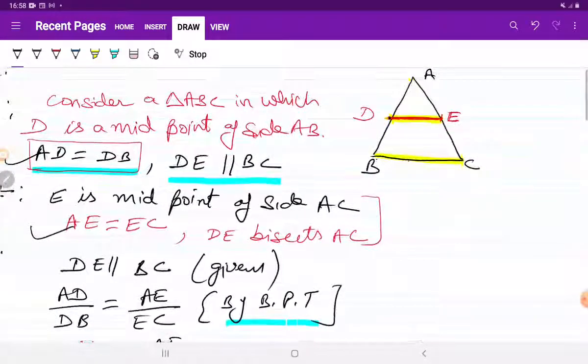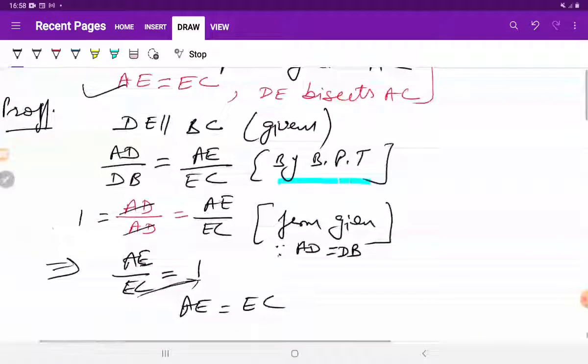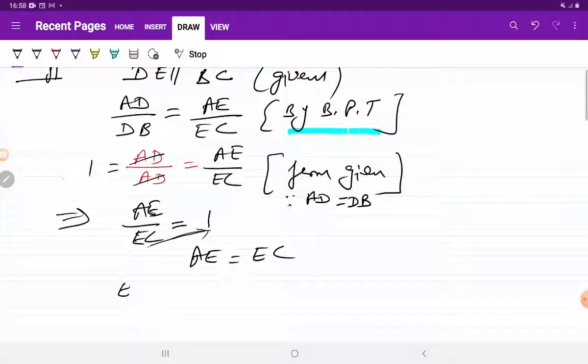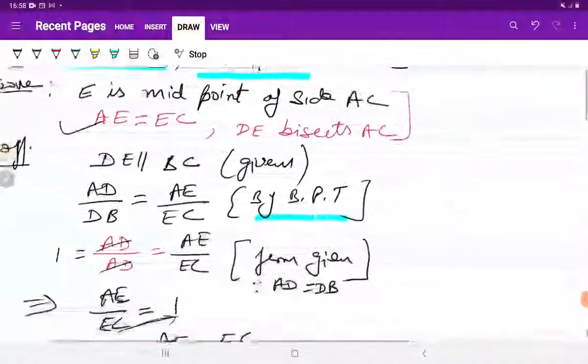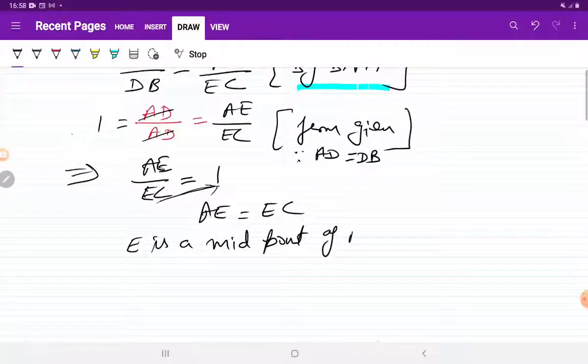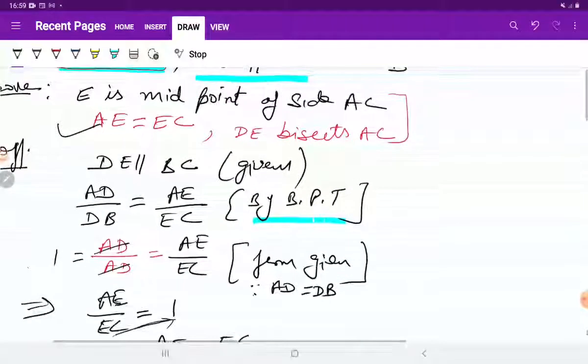So here two parts are equal. AE is equal to EC, or you can say that E is the midpoint of which side? AC, right? Midpoint of AC.